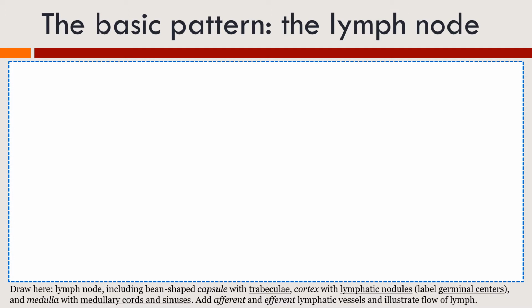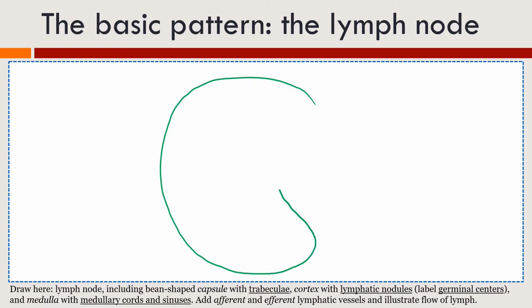To start with, this is the first of a group of organs I like to refer to as the bean-shaped organs. Okay, we've encountered mostly hollow organs to this point in class. The heart and the blood vessels and even the lymphatic vessels have all been hollow. But the lymph node is another type of organ altogether.